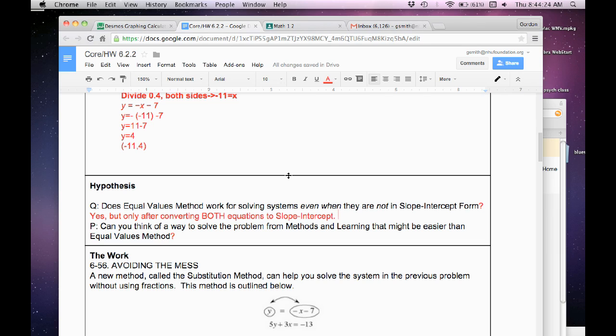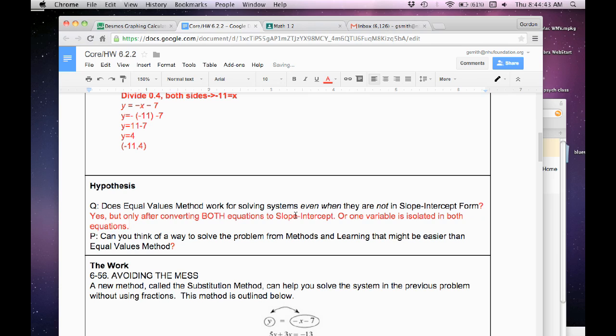It's also worth saying that it's not necessarily slope-intercept, but we'd say or one variable is isolated in both equations. So like we can get t alone, or we can get r alone, or whatever. We have to get the same variable isolated in both equations. And usually that would be considered slope-intercept form.